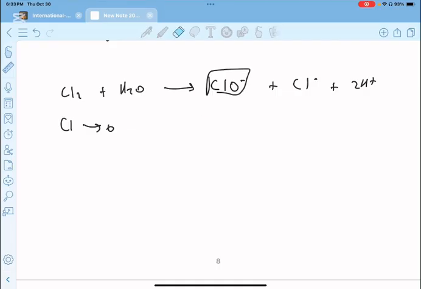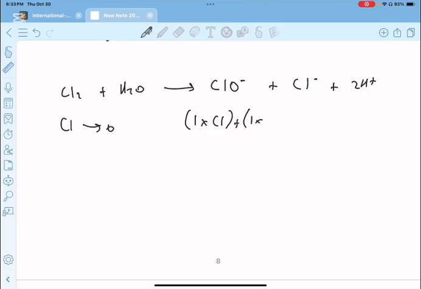Here, ClO minus, so we can just write that here. We can see that the total charge is minus 1. So what we can write is Cl, there's 1 chlorine, so 1 times Cl, plus 1 times oxygen.